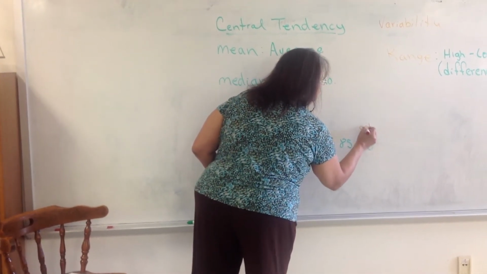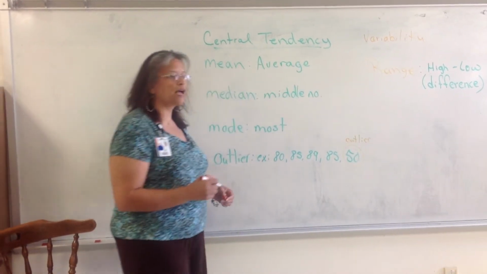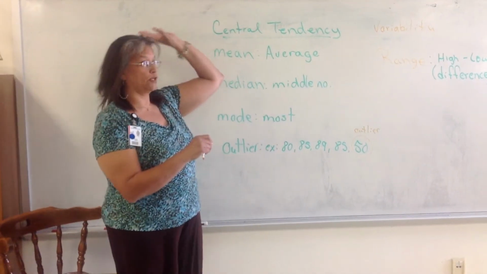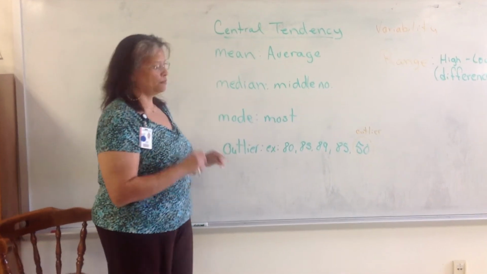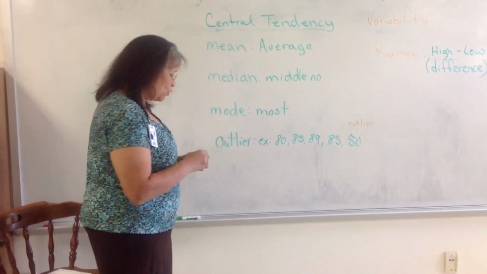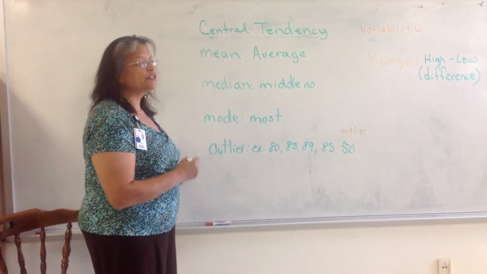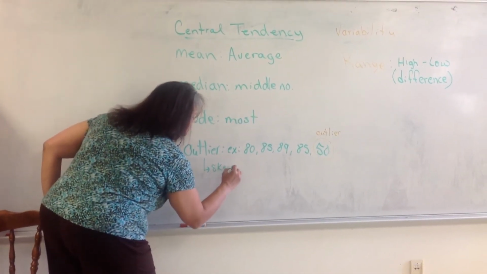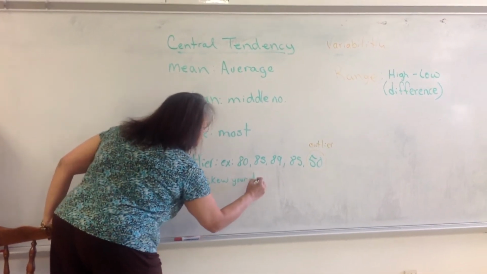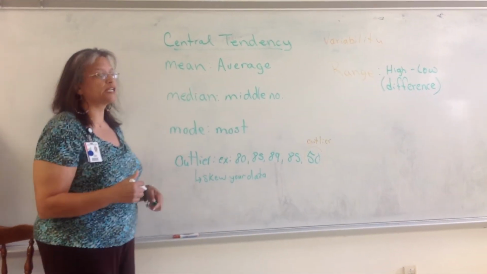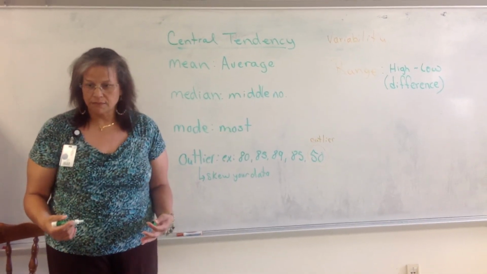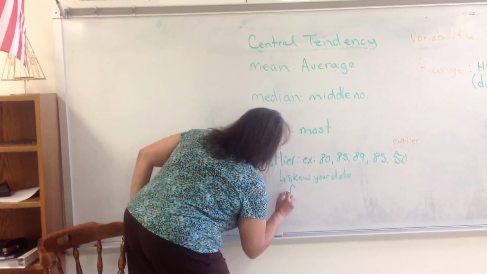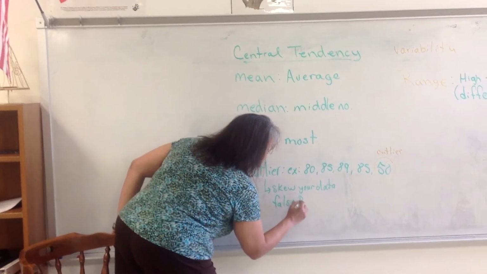All you get is good grades, then next thing you get a 50. So that's an outlier. We could do the reverse of that too. We could have average low grades and all of a sudden get a really high grade. Now, here's what an outlier does. It can skew your data. In other words, it's going to give you a false interpretation, a false reading.